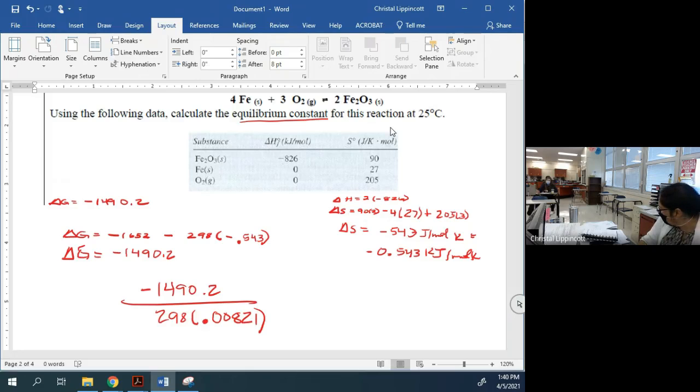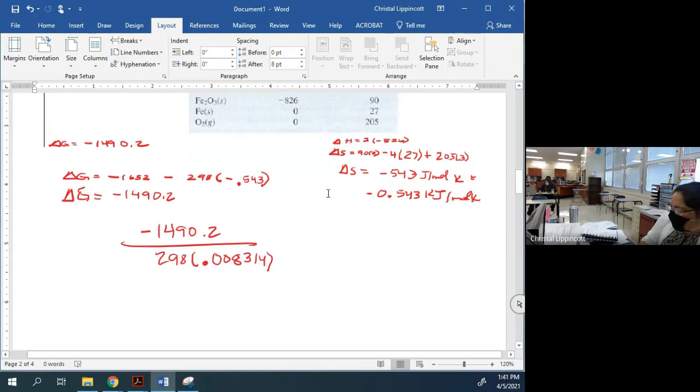Why did I get 231? I don't know where I got that from. That's not right. It's 314. Okay. So then when I get that, that's going to equal my natural log of K.